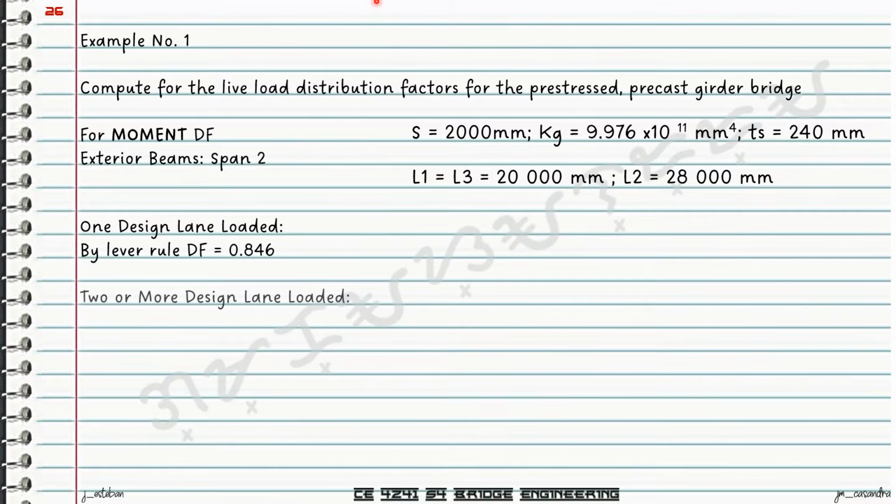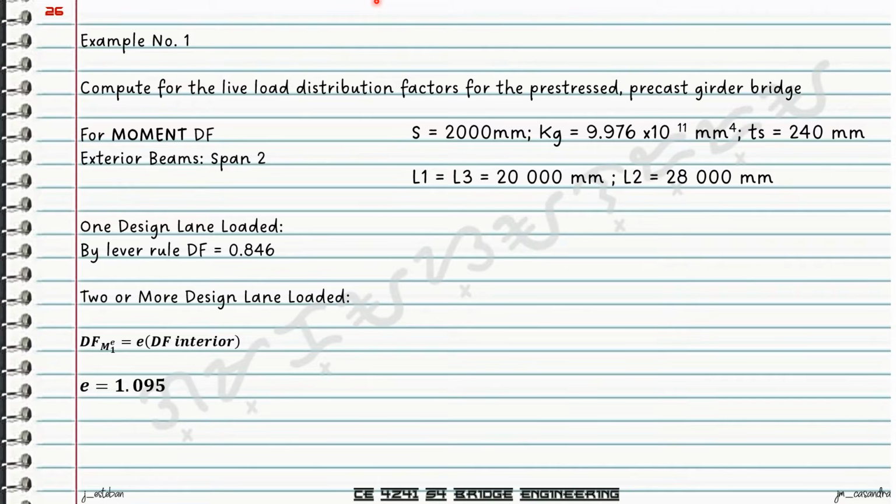So with that, we now solve for two or more design lane loaded. So we use now the same equation, e times the DF of the interior. We're able to solve for e equal to 1.095.